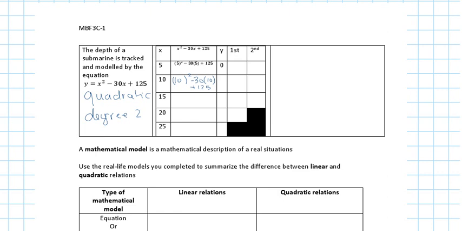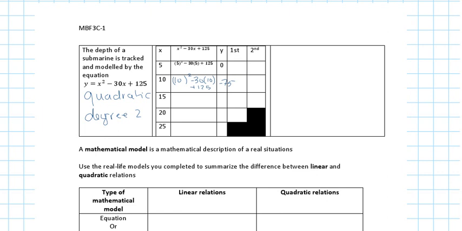What did you get? Minus 75. Okay? Now you can do the next one with 15. What did you get for that? 25? 100. Yeah, that seems to be too low.